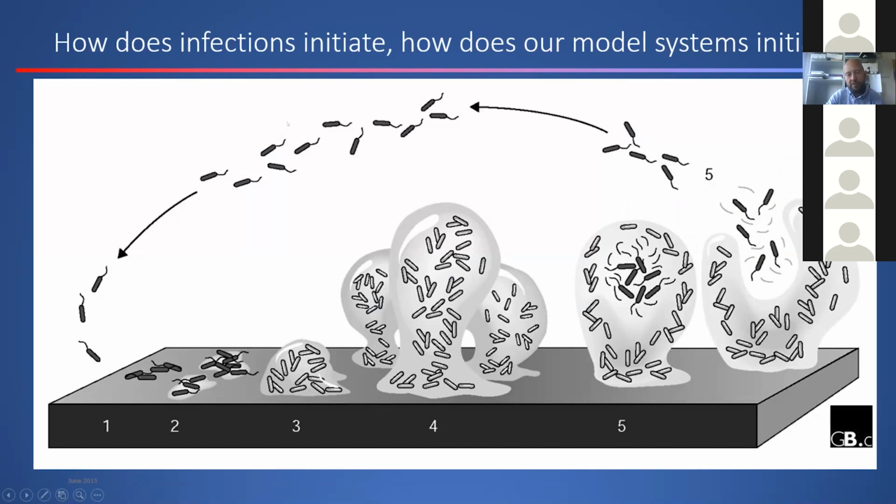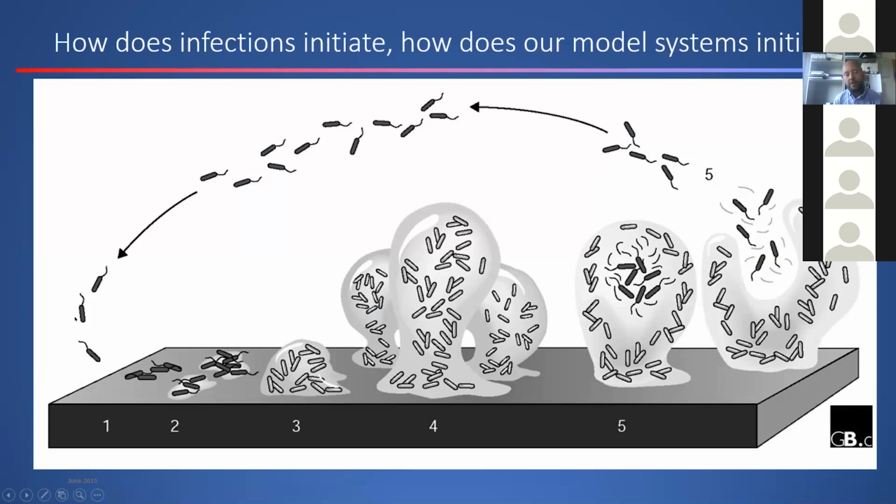So we learned from this mental model that we should initiate our model systems with planktonic bacteria, and also a lot of protocols for initiating animal experiments say we always have to start with planktonic bacteria.